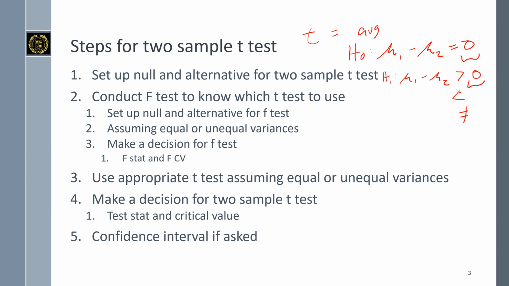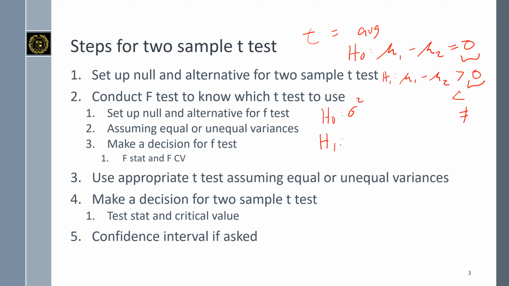All right, now in order to run a two-sample t-test, we need to conduct an f-test. An f-test is looking at the population variance of two different groups. So in order to run a two-sample t-test, we have to run an f-test, and our null and our alternative will always look like this. Again, there are cases where it's a little different, but for your exam and your final, this is what you're going to need to know.